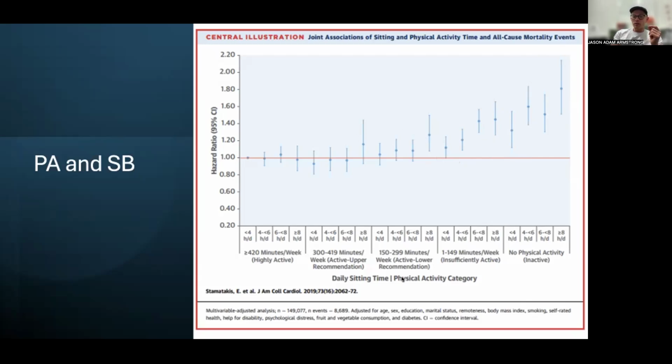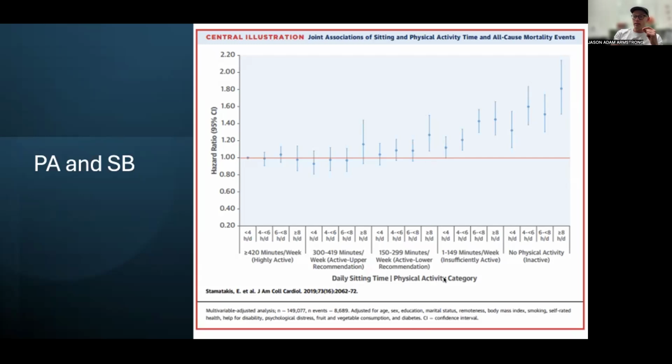However, when we get over to here, so people meeting physical activity guidelines, 150 to 300 minutes a week, your level of sedentary behavior didn't increase your mortality risk until we got to greater than 8 hours per day. So you had to be seated for more than 8 hours per day to have increased mortality risk if you are meeting physical activity guidelines. Now, for the record, most people are actually sitting for more than 8 hours a day.